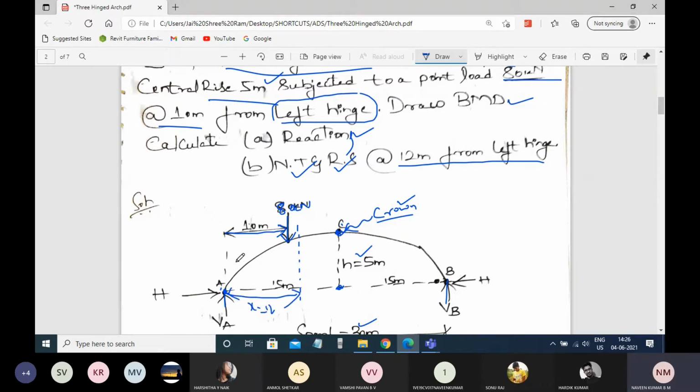We need to find the normal thrust, which will be acting tangent to the particular arch, and exactly perpendicular to the normal thrust, you can expect the radial shear. This we need to find at this particular point. Understood?